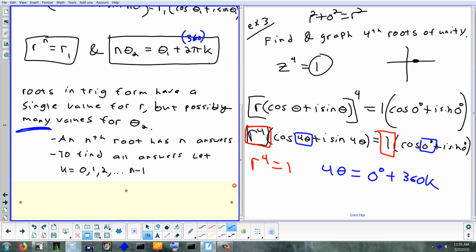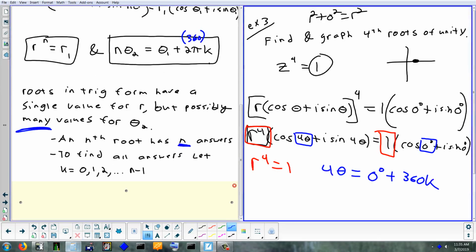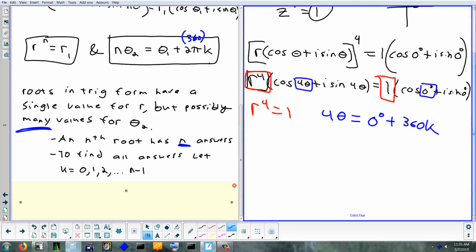So you plug in starting at 0 up to 1 less than the root you're finding. If you went to 4, that would be too high. 0, 1, 2, 3, 4. That's 5 answers. You don't want 5 answers. You want 4 answers.